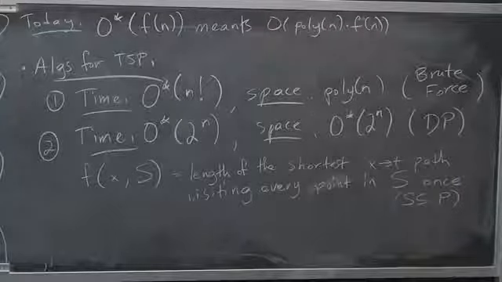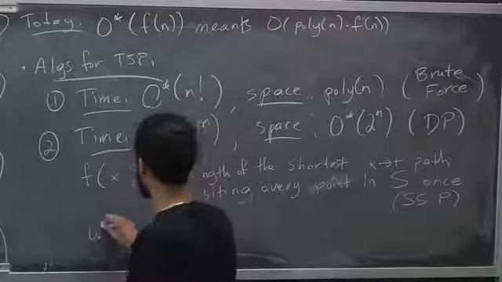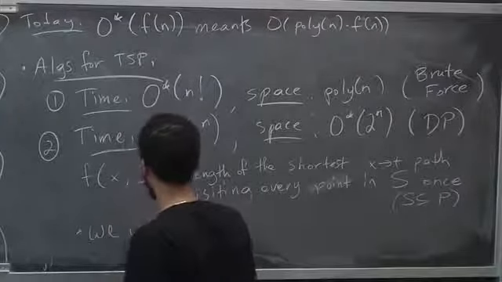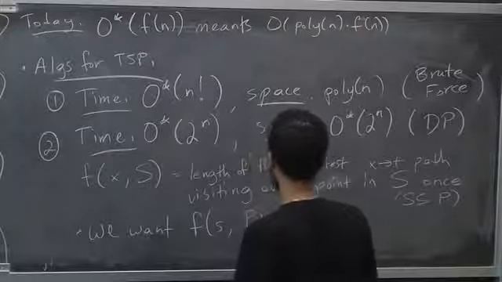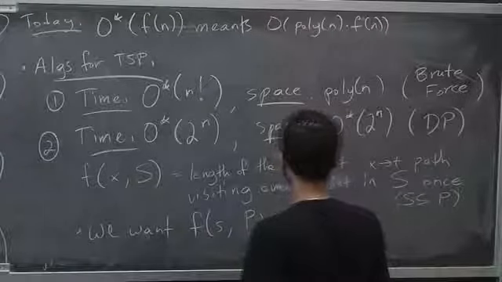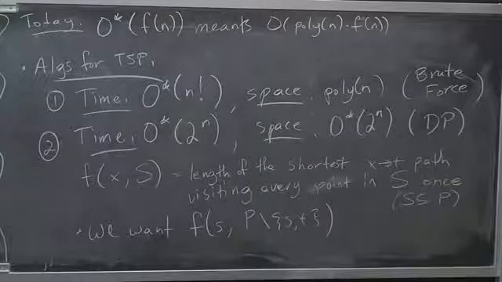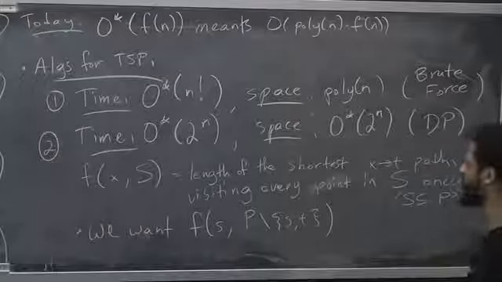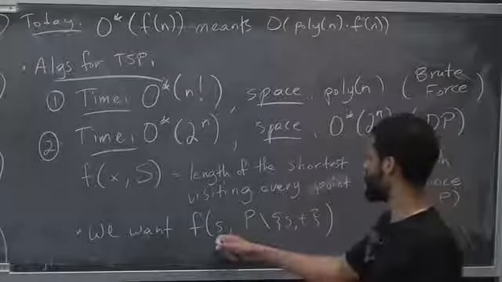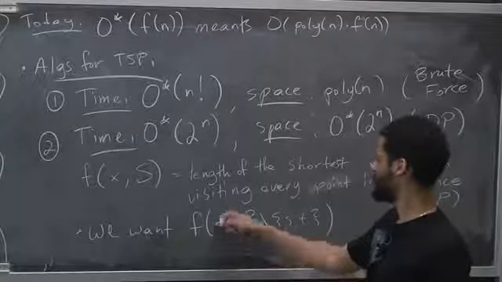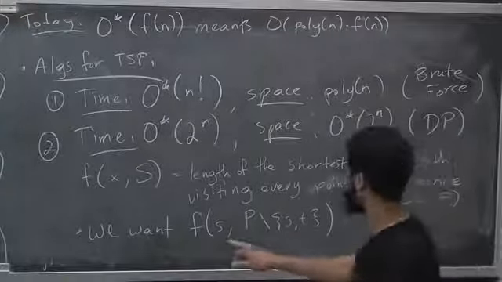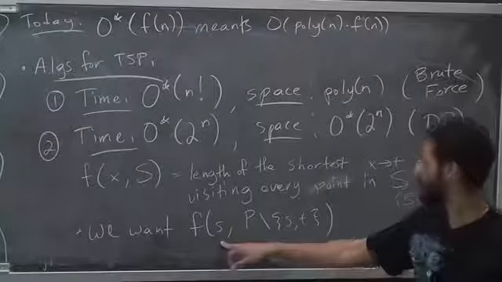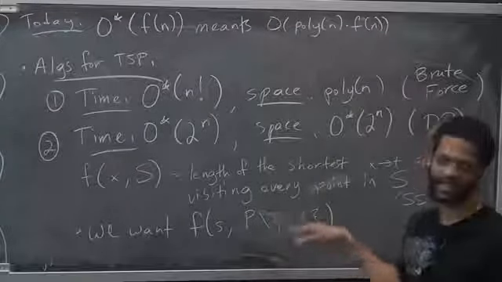And what you want is f of s, comma, all the points. You don't need s or t. So the number of states of your dynamic program are, well, you're currently at vertex x, you're trying to get to T, and you still need to visit everything in this set.